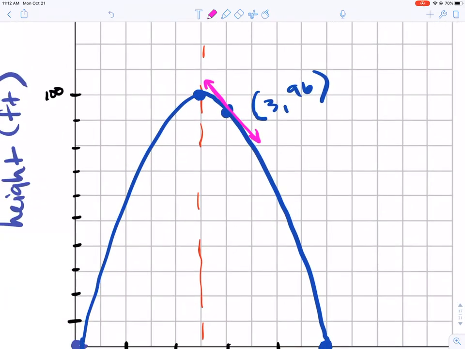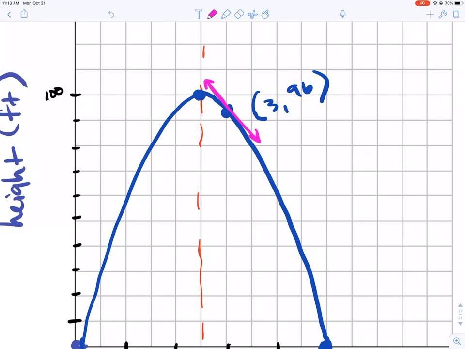That means as time is passing, like going past t equals 3 seconds to 4 seconds, the height of the arrow is actually decreasing at a rate of 16 feet per second. So the negative slope of the tangent line means that y is decreasing. The function values are decreasing at that moment in time.